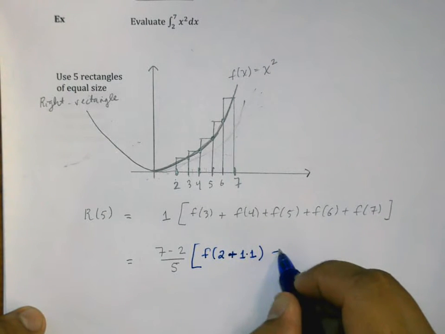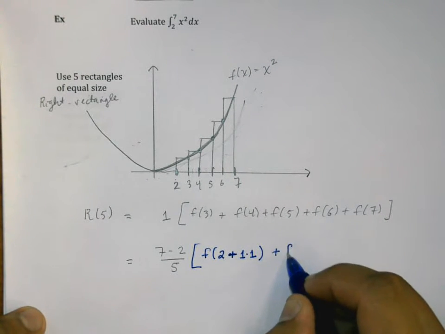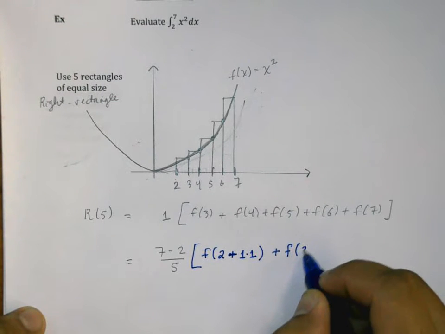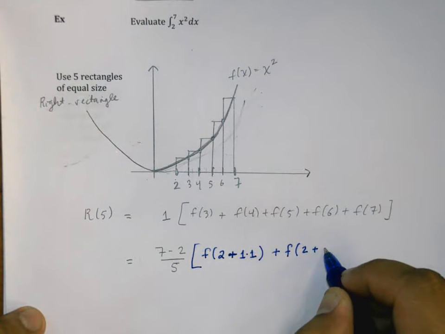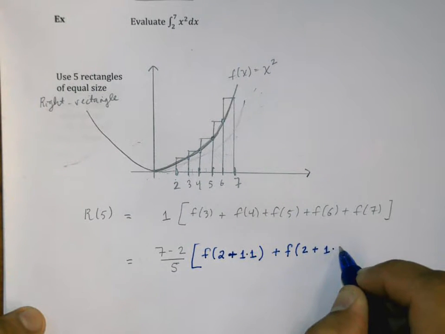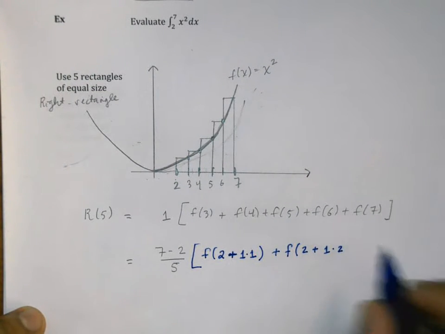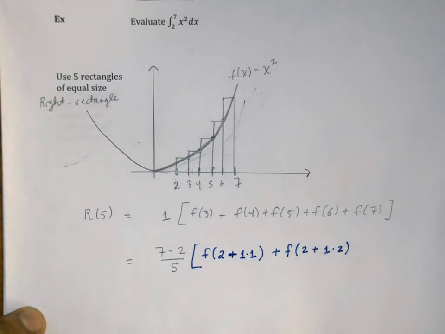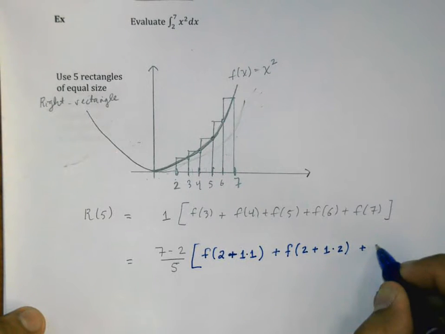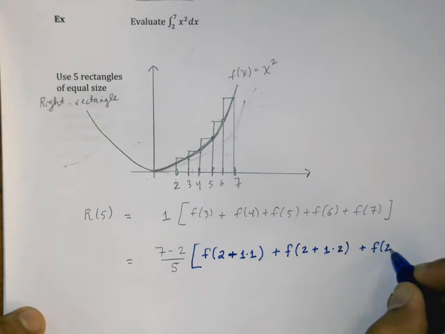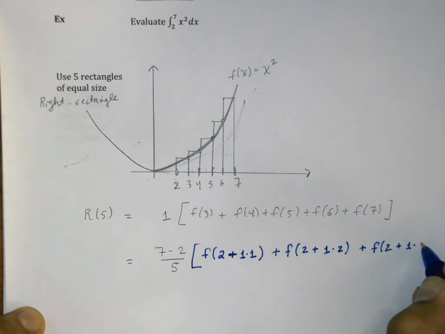So f of 4, I'm going to say this is f of 2 plus 1 times 2. And I'm just going to repeat this. F of 5 is f of 2 plus 1 times 3.